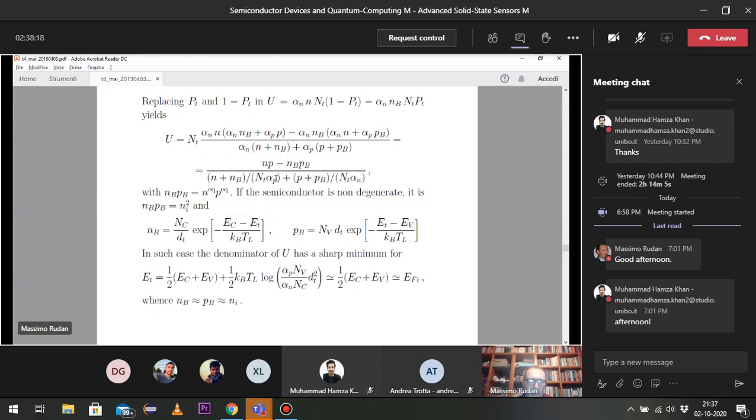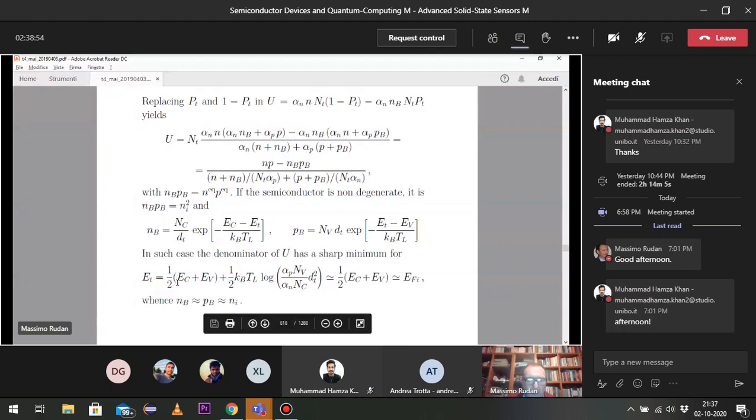It is very easy to calculate the minimum of the denominator because they are just exponentials, okay? So we take the derivative of the denominator with respect to ET, and then we put it equal to 0. And what we find is that the value of ET that provides the minimum of the denominator, that is the most efficient trap energy for the transitions, is this one.